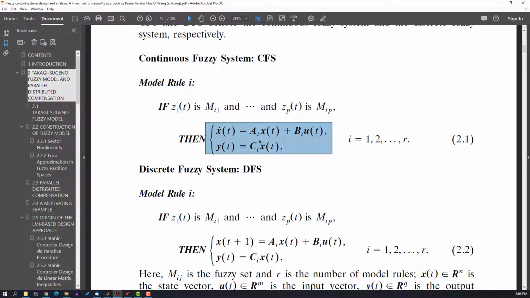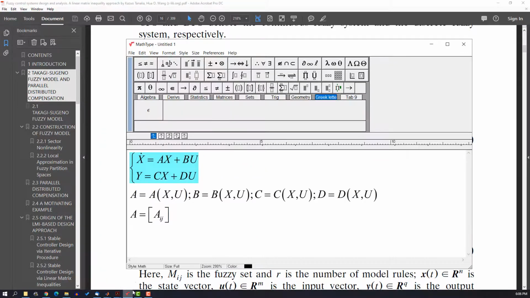So you can imagine this one is the physical model. You try to model this physical behavior of your system by a set of linear time-invariant state-space systems. So it's like a function.